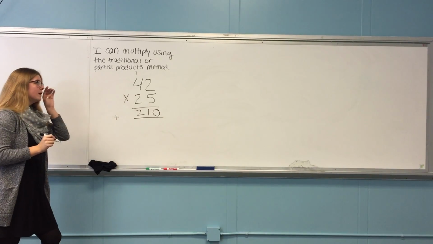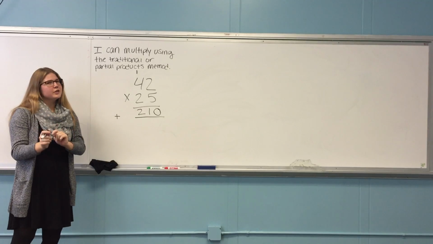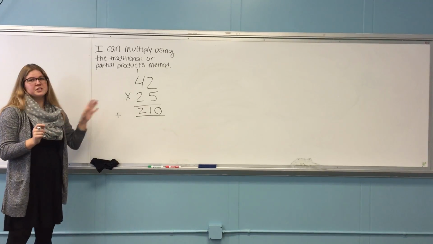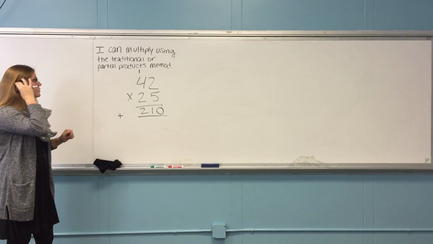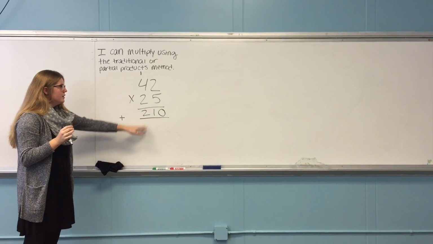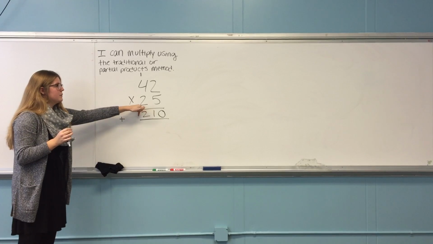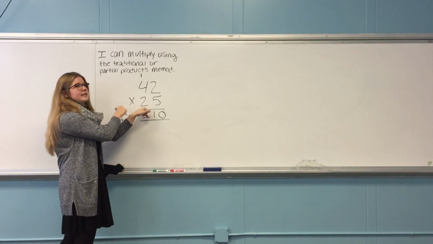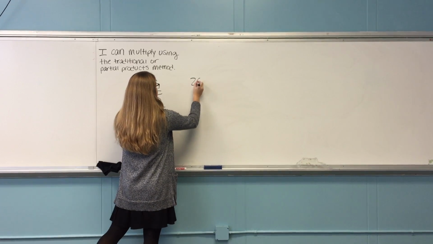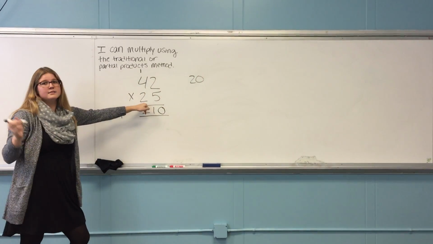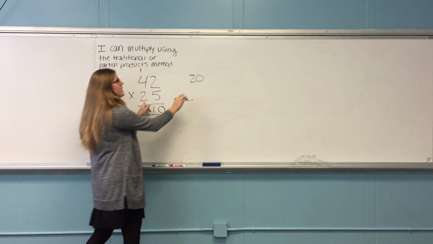Now, this is the tricky part when multiplying double digits together and what most people struggle with, so pay really close attention here. So, when you multiply, you're going to go all the way over here now to the tens place. And since the 2 is in your tens place, I always think of this 2 as 20 because it's in the tens place. And 2 times 10 is 20.